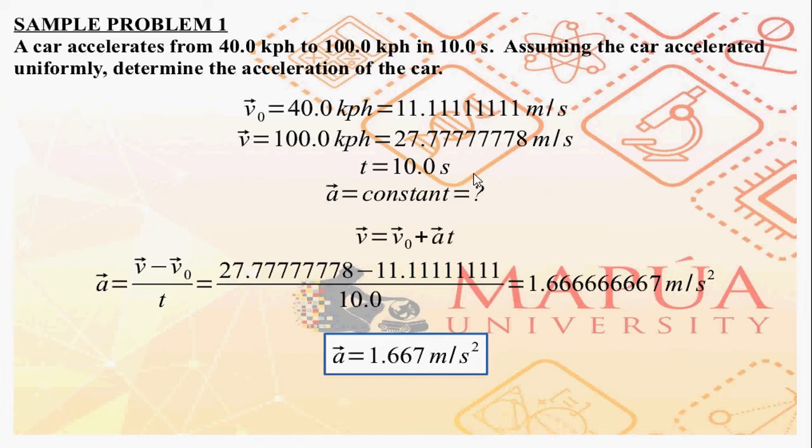Now it's always a good idea to convert your units to the MKS system: meter, kilogram, seconds. So the kilometers per hour, we converted to meters per second. It's a good idea to do that so that during the solution, you won't have to stop to make conversions, because you have already done the conversion of the units.